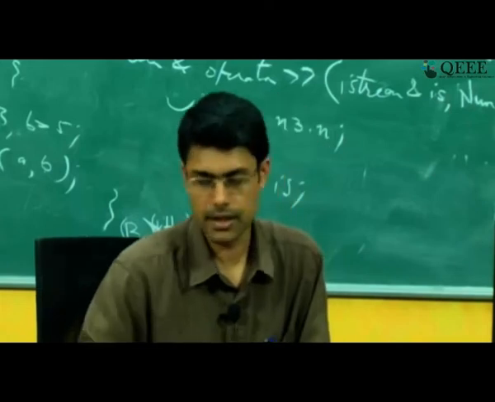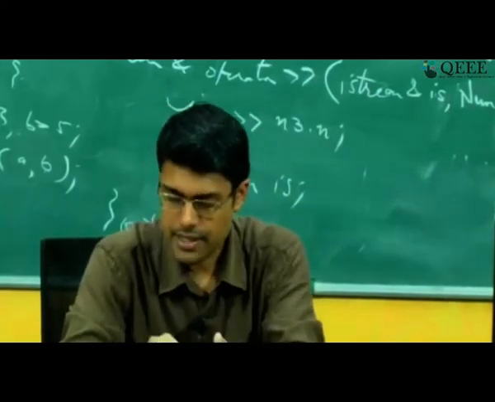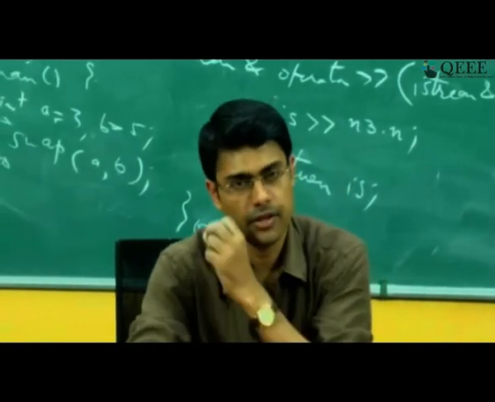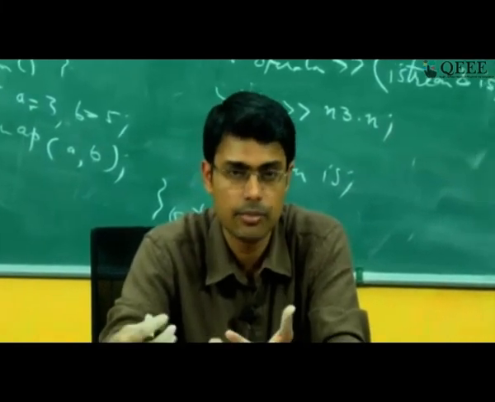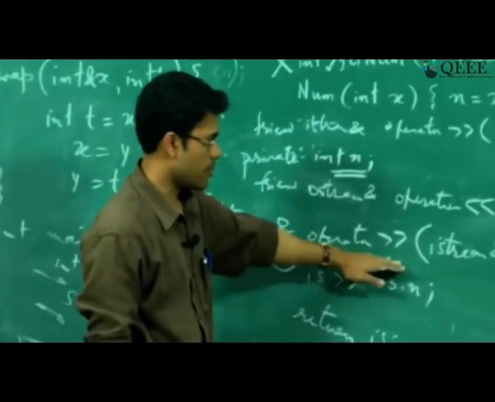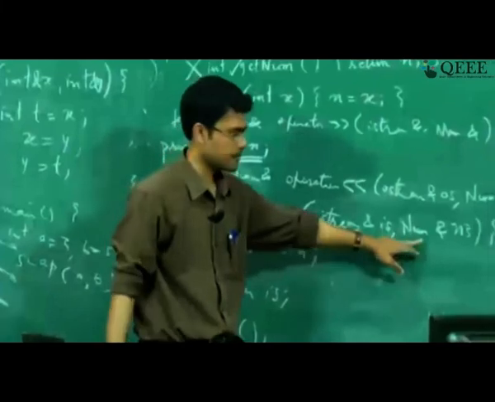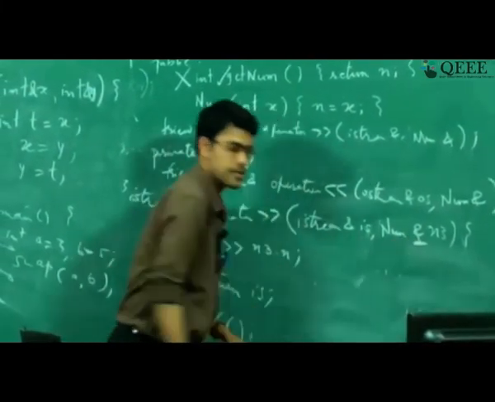However, I should also mention that it's not always the case that you are worried about readability when you are passing arguments as parameters by reference rather than by value. For example, let's look at this particular example. As far as this num is concerned, it's not really necessary that you should pass it by reference.